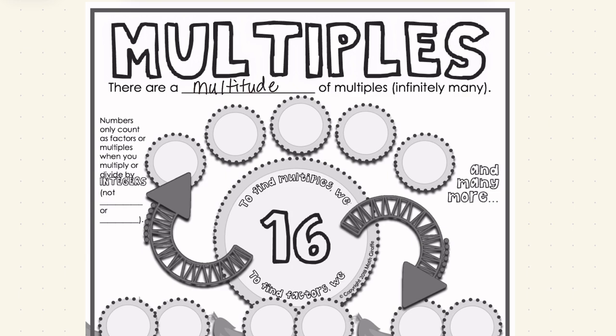Basically, there are infinitely many multiples because you can take a number and multiply it by 2, by 3, by 4, by 6, 7, 8, 9, whatever number you want to do. Numbers only count as factors or multiples when you multiply or divide by integers, not by fractions or decimals.